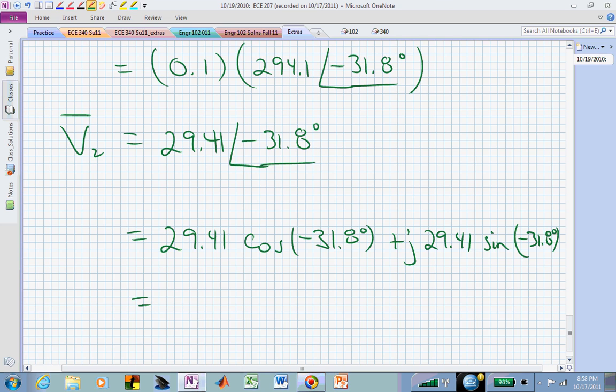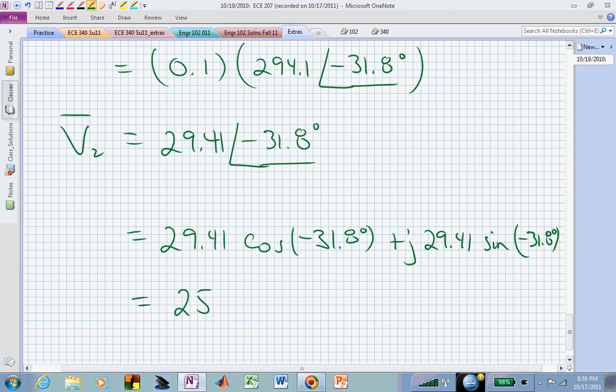If we now do the appropriate multiplication, we have 29.41 times the cosine of minus 32. Cosine of a negative angle is the same as cosine of a positive angle, and we now have 29 times cosine of 32, which gives rise to 25.